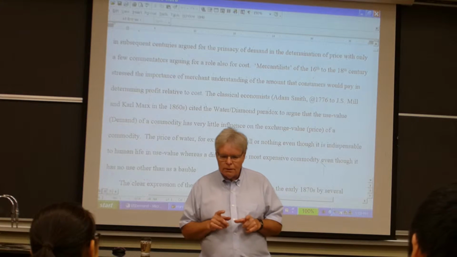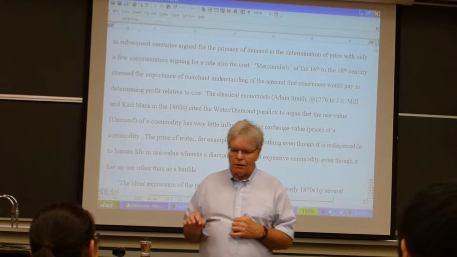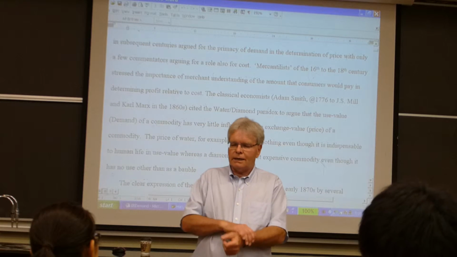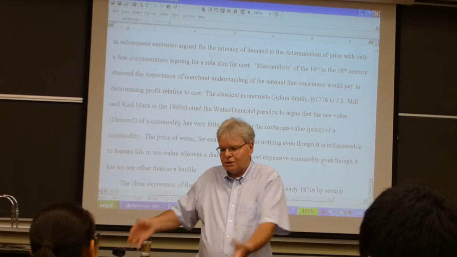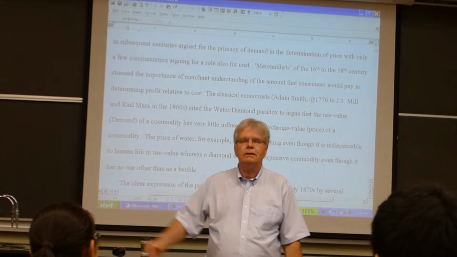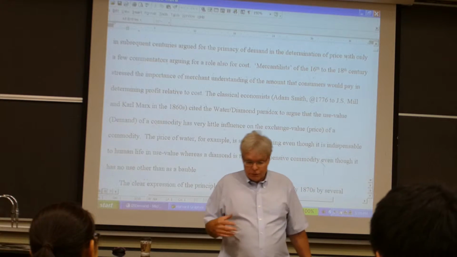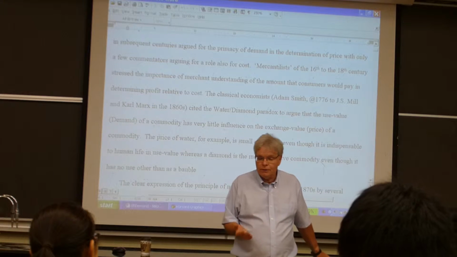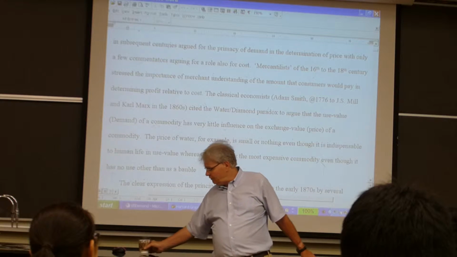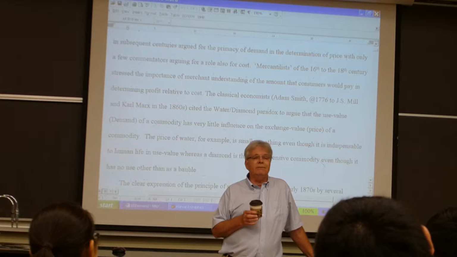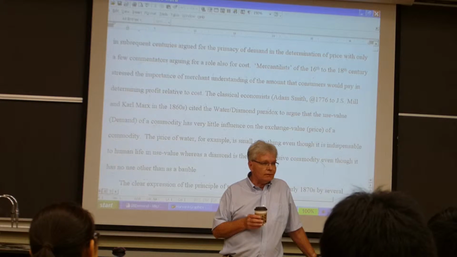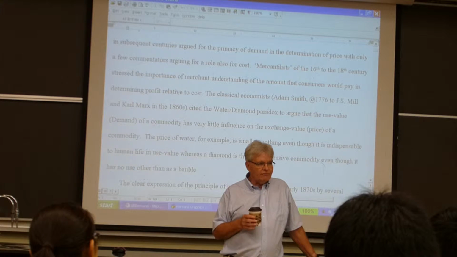Number two, utility is not constant, which is what the classical economists more or less assume. The use of a chair is the same whether it's this chair or another chair. The use value, the utility of the thing, its subjective value changes. I might pay $50 for my first coffee of the day, but I'm certainly not paying $50 for the second one, because the satisfaction I get from it is less.